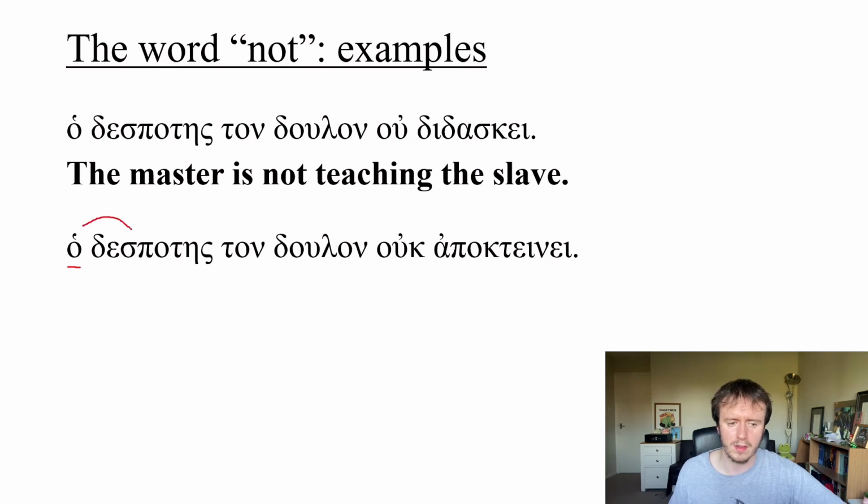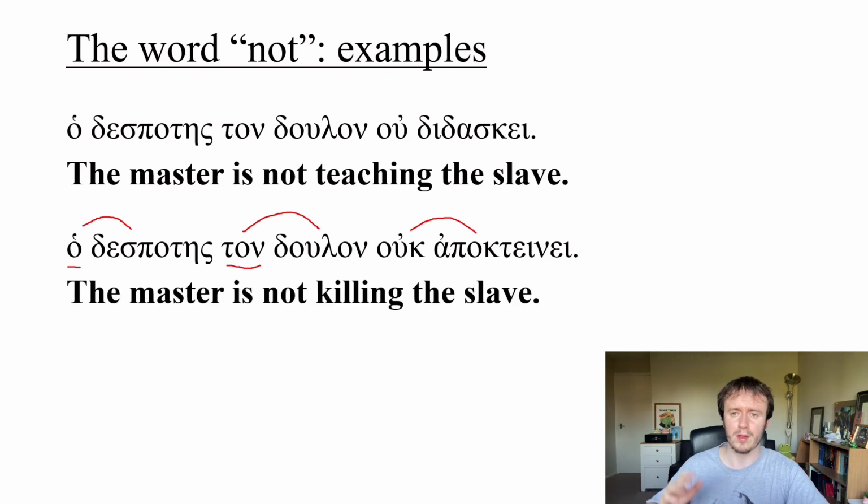So it's the master does not kill or is not killing. And since ton is masculine accusative singular, we know that the slave is the object, the direct object, I should say. So, it's the master is not killing the slave, or the master does not kill the slave. You can see I put there, the master is not killing the slave.